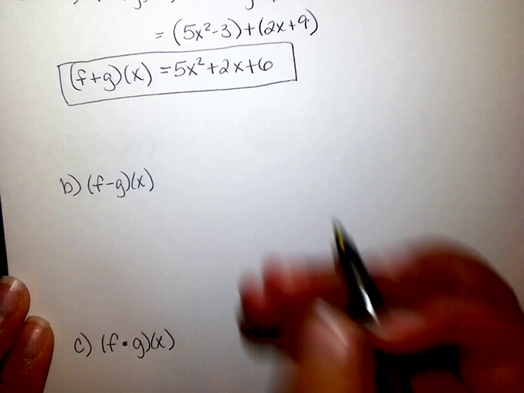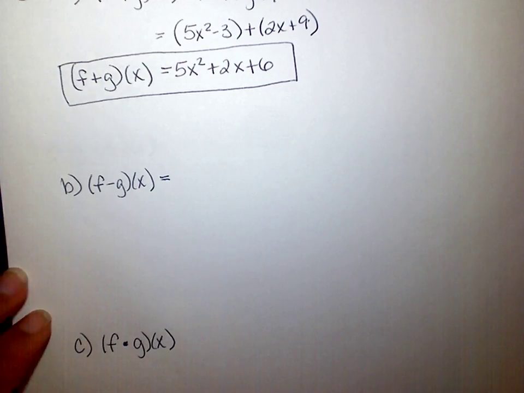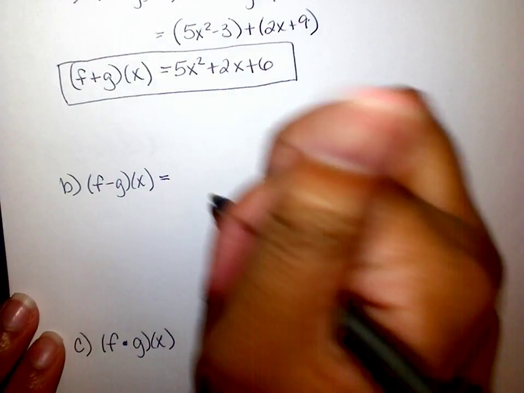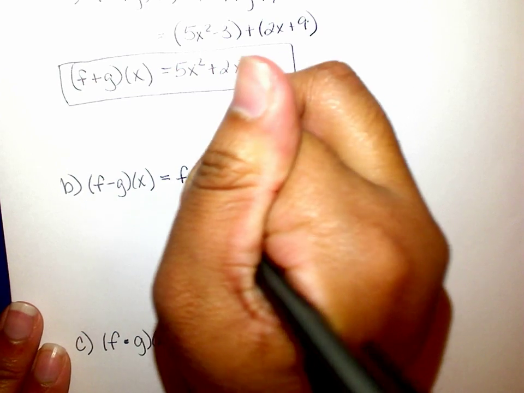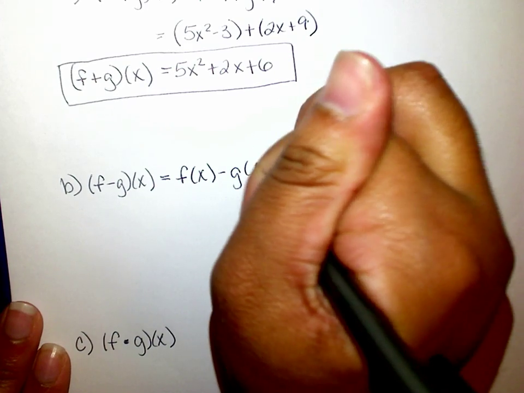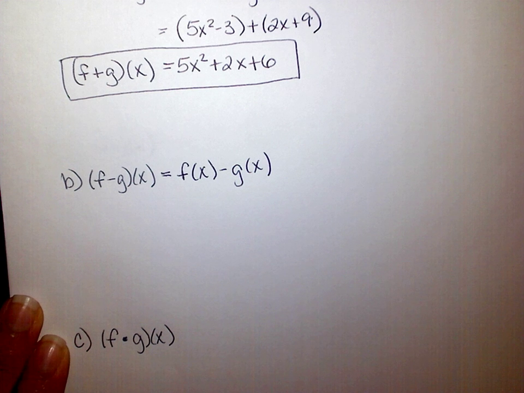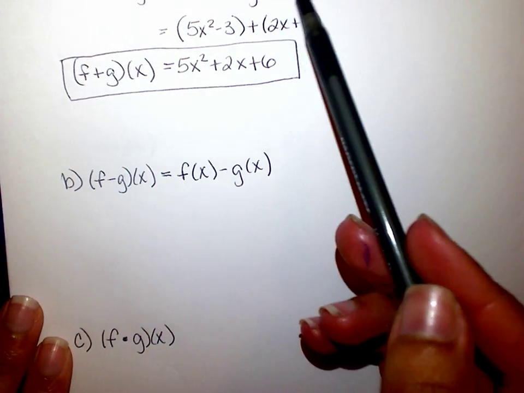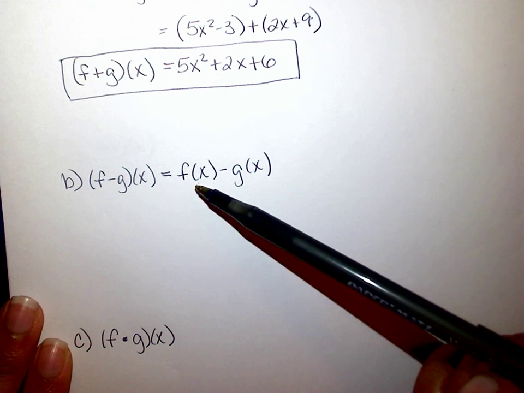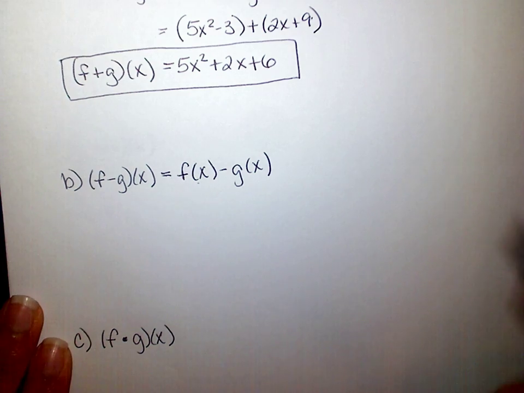Alright, so in this one, f minus g of x, so this is the same thing as f of x minus g of x. So again, we're going to substitute the function rules. So 5x squared minus 3 for f and 2x plus 9 for g.